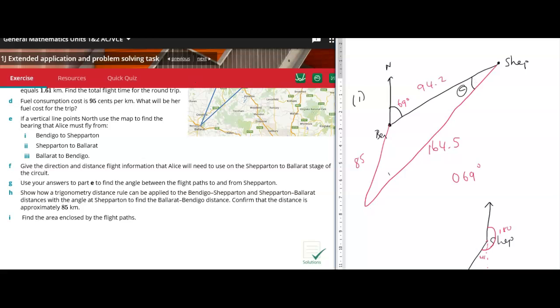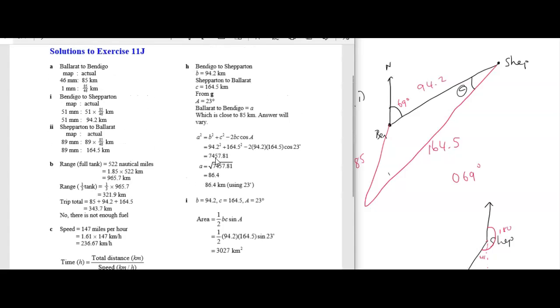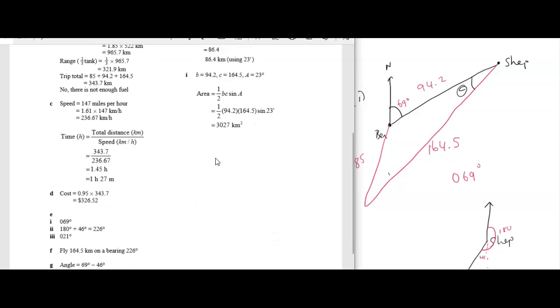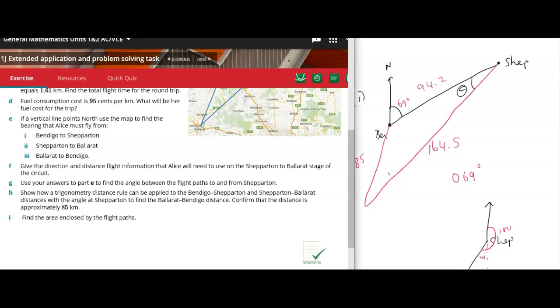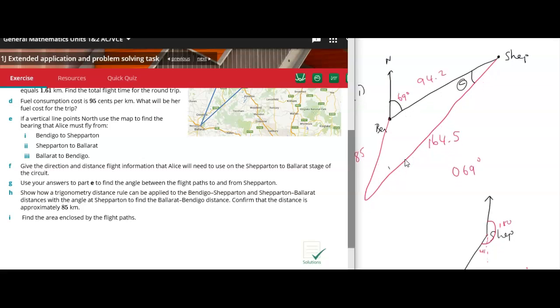I'm just going to cheat again and have a look at the solution. Oh no, they didn't use the cosine rule, although you could use the cosine rule. So G, you could use the cosine rule, but what they've done is just the knowledge of angles. So this is this line here.